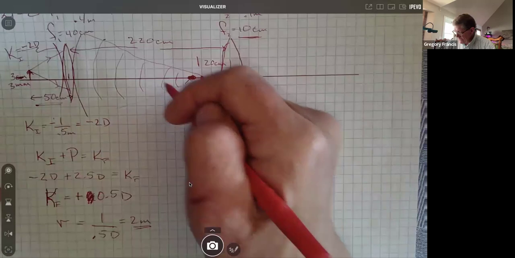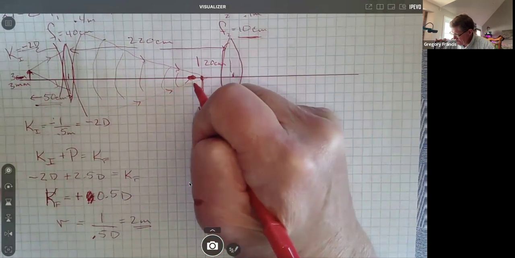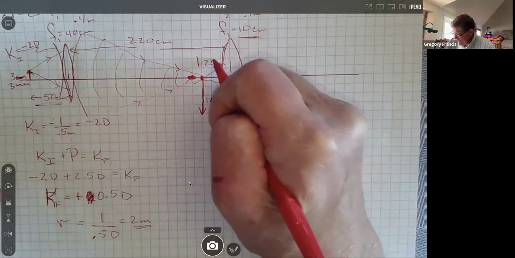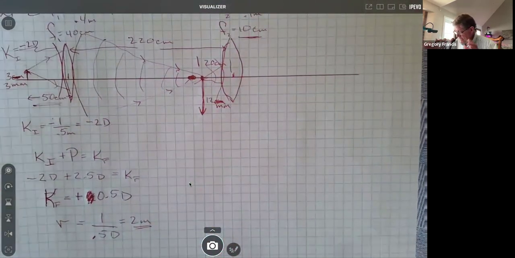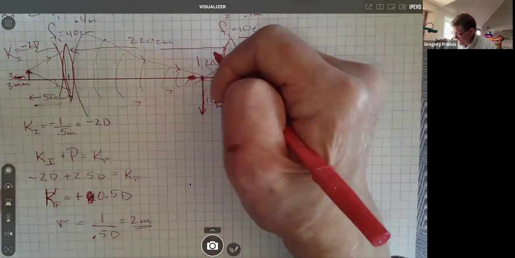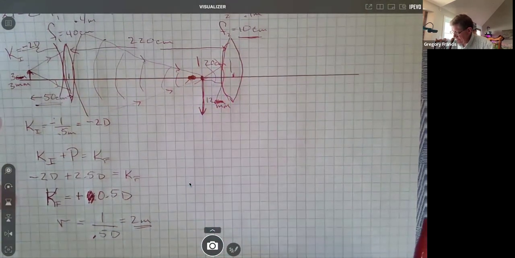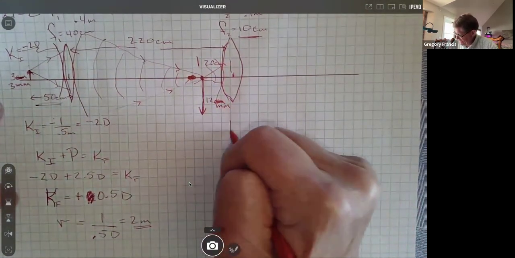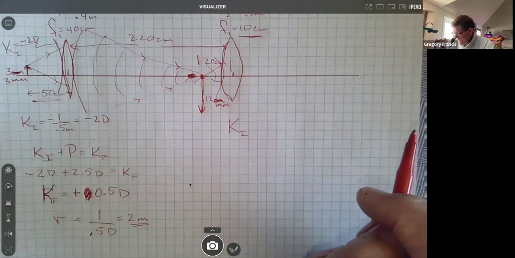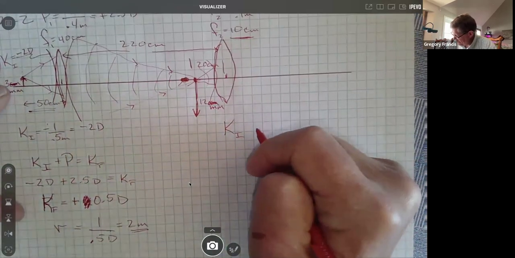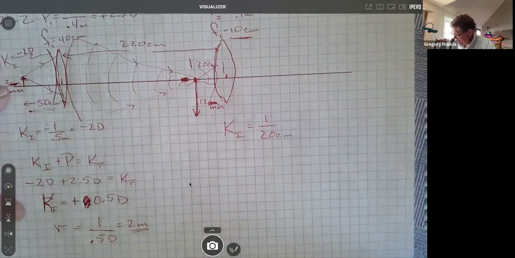Now, once that light comes together to form the real image, once it converges, the rays just pass right through each other and essentially propagate out, diverging as they go. And so by the time I get to this next lens, I'm going to have a K initial that's equal to 1 over 20 centimeters.